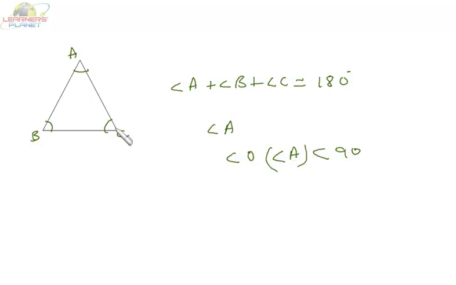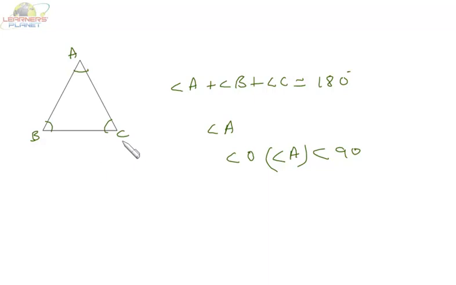So if all the three angles are acute angles in a triangle, then we call it an acute angle triangle. Now if at least one angle, what I mean is exactly one angle, is obtuse, more than one angle cannot be obtuse, then it will be an obtuse angle triangle.